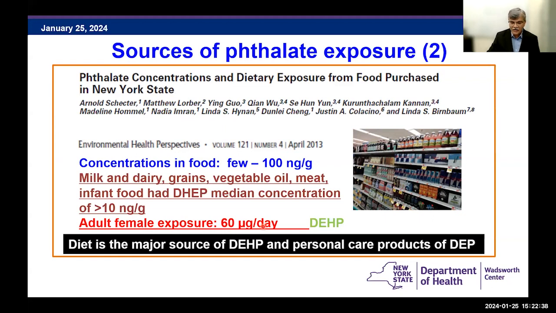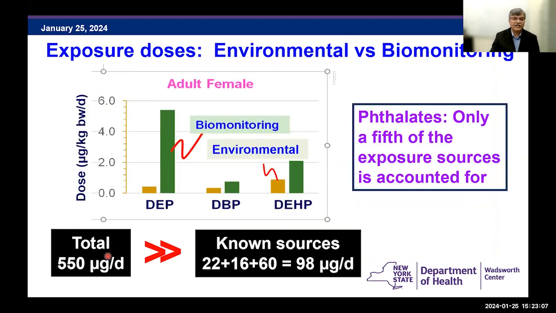It's 60 microgram per day. And in foods, DEHP is the major phthalate found in food. So if your urine has more of DEHP metabolites, it is likely coming from diet. It's not from personal care products, right? So our study at the time, we found out that the diet is the major source of exposure to DEHP, and personal care products are the major sources of DEP exposure in population.